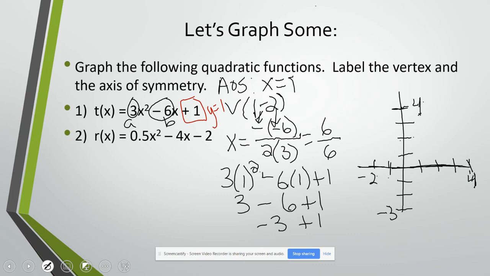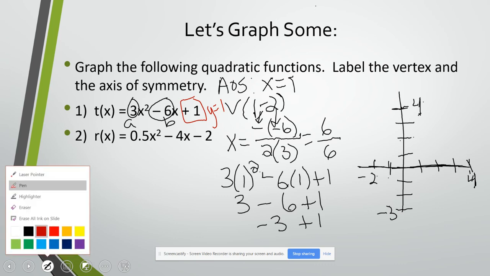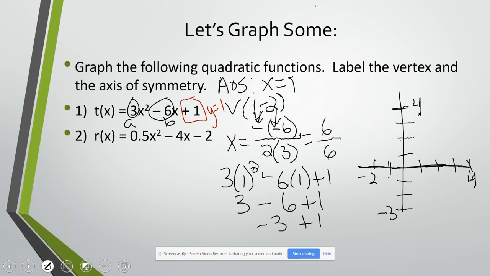Okay, so plot my vertex first. Let's see, let's use green. So I'm going to plot my vertex at 1, -2. And then I'm going to plot my y-intercept at +1. I'm also going to go ahead and draw in that axis of symmetry at x is equal to 1.